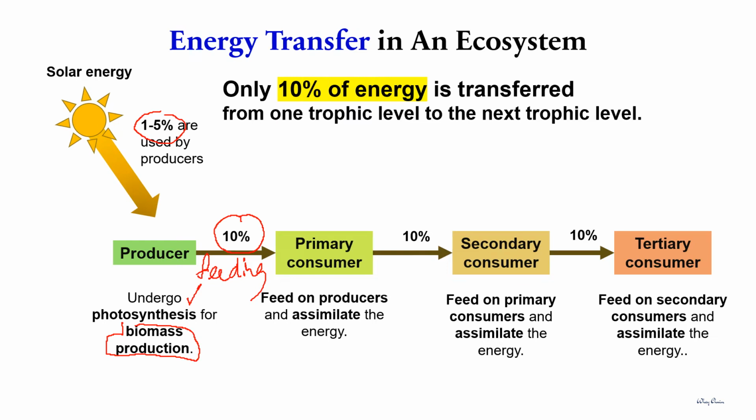When the secondary consumer feeds on the primary consumer, 10% of energy will be transferred to this trophic level, and this organism will assimilate the energy. And at the next trophic level, the tertiary consumer, when they feed on the secondary consumer, 10% of energy will be transferred.